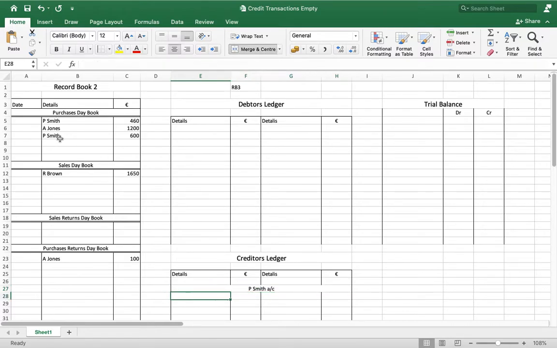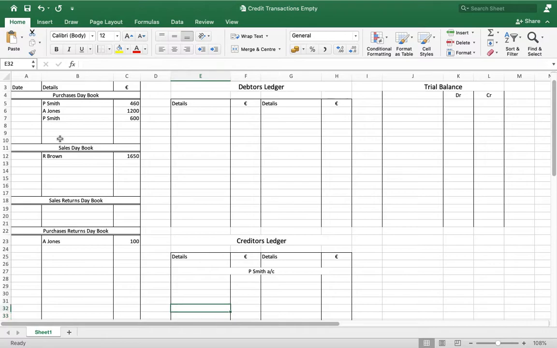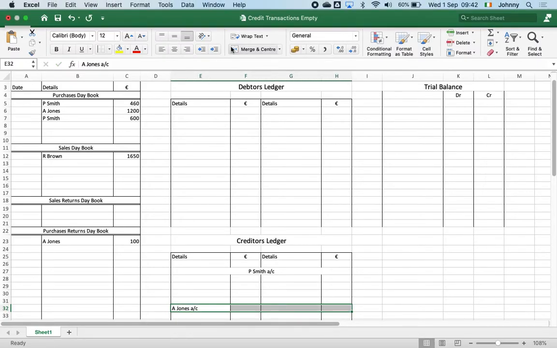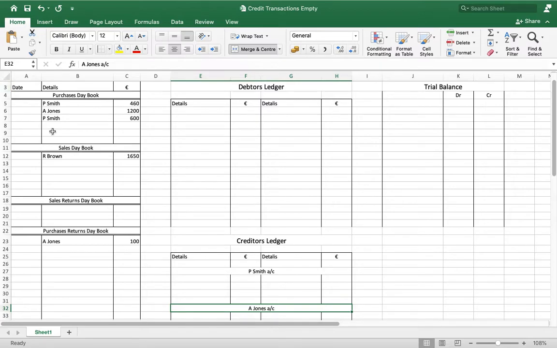So I'm also going to have an account somewhere down here for A. Jones. Okay. Now I'm going to put those transactions into their accounts now. Okay. So I owe P. Smith money.